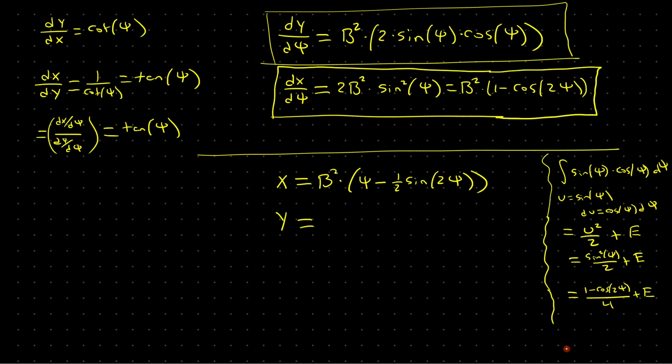And when we plug this into this expression right here, you have 2 times this entire integral, which means that we get b squared times 1 minus cosine of 2 psi. We're dividing by 4 here. We have a 2 right here, though, so you have b squared over 2, and then plus some constant of integration g, where this g is e times b squared.